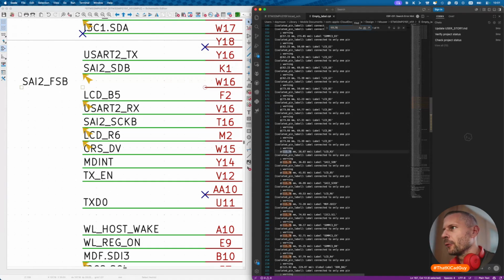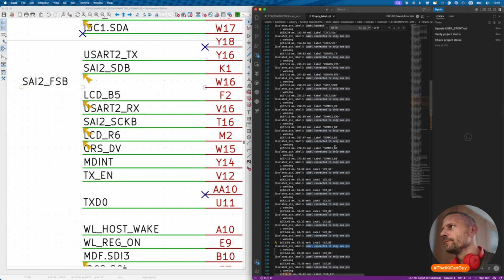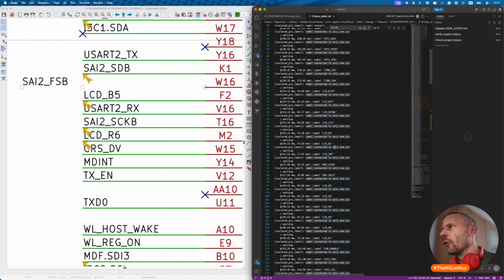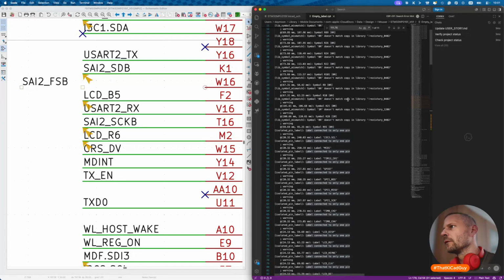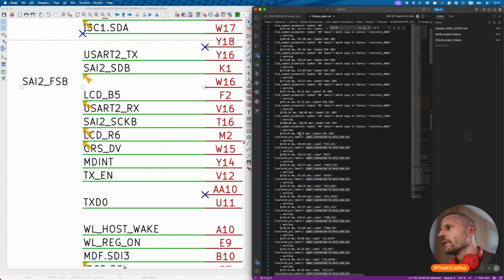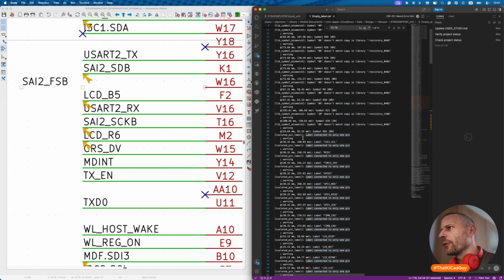Okay. So the other occurrence is not empty label, but it's like label connected to only one pin. So all these. No. Or it is. Let's check it. The first occurrence is here. Label connected to only one pin. Warning. Label I2C2SCL.